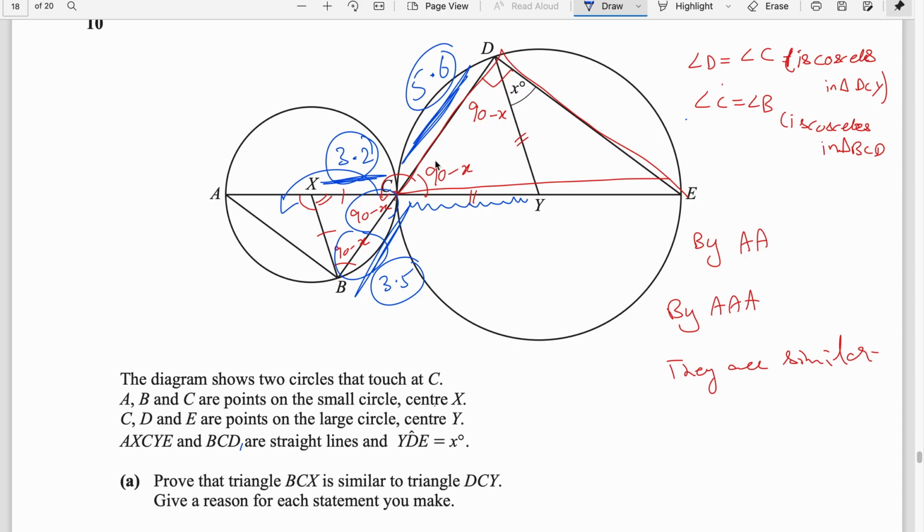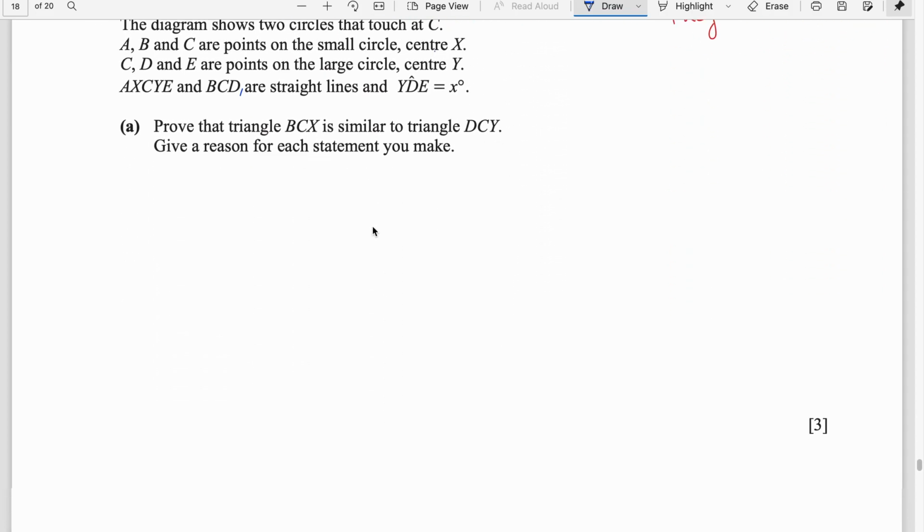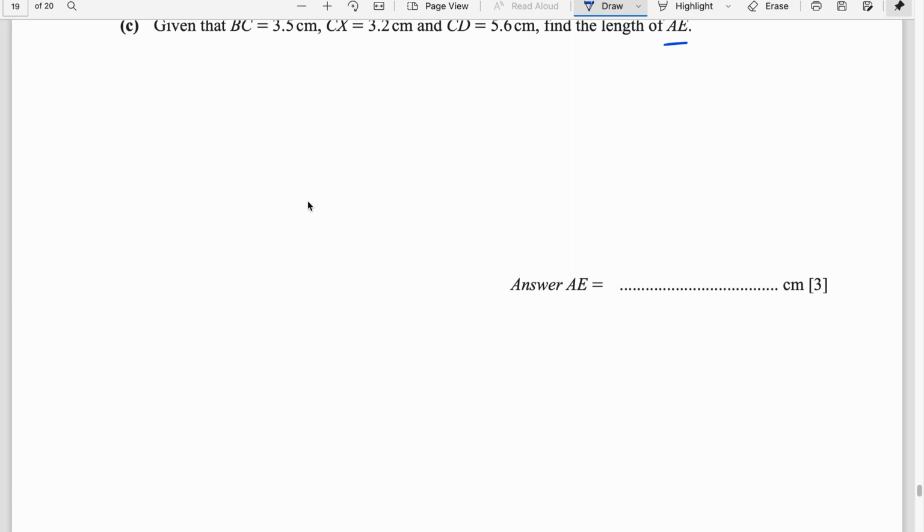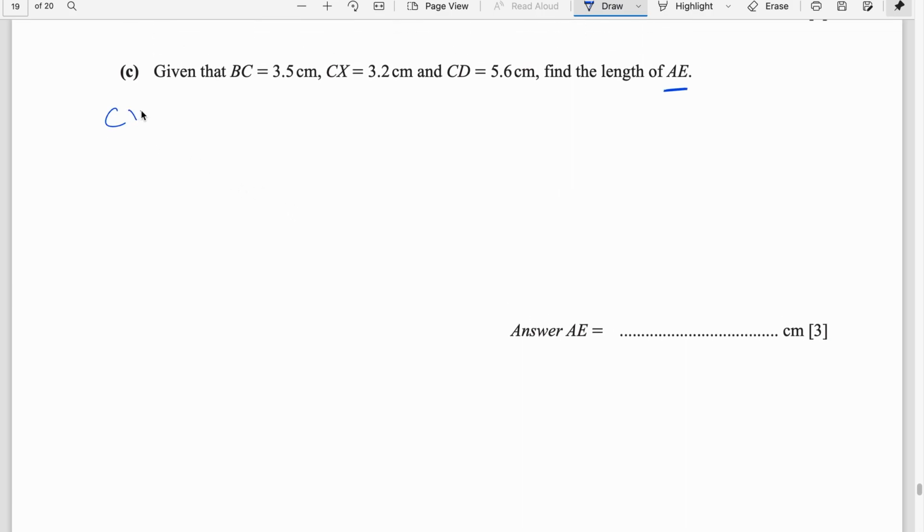We've already proved that they are similar. So CY is similar to CX, and CD is similar to CB. CY over CX is equal to CD over CB.